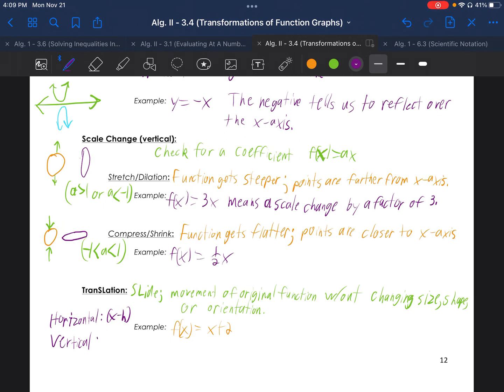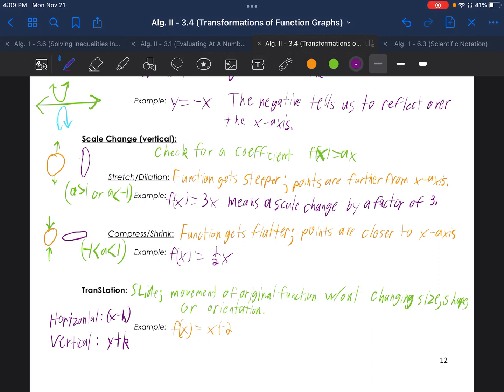For the vertical ones, because this is saying left, right, up, down. So vertical, up and down, it'll be no parentheses, y plus the k, so number k. And so it's always going to be plus or minus for the translation, whereas the other ones were multiply.